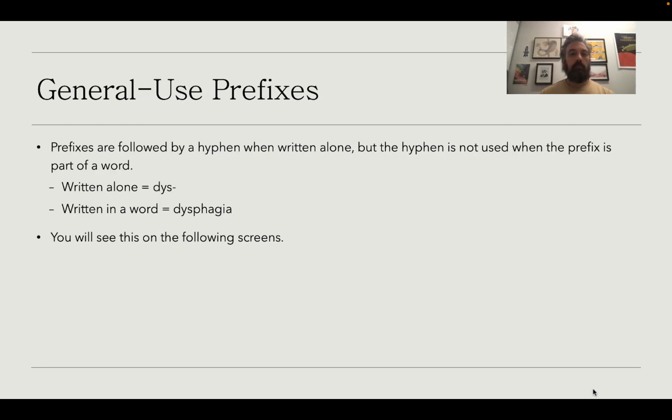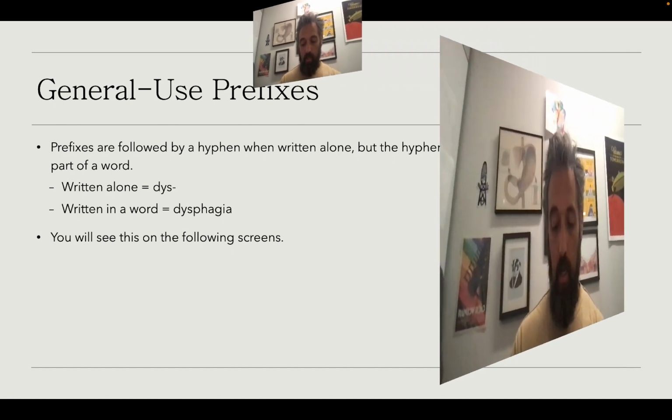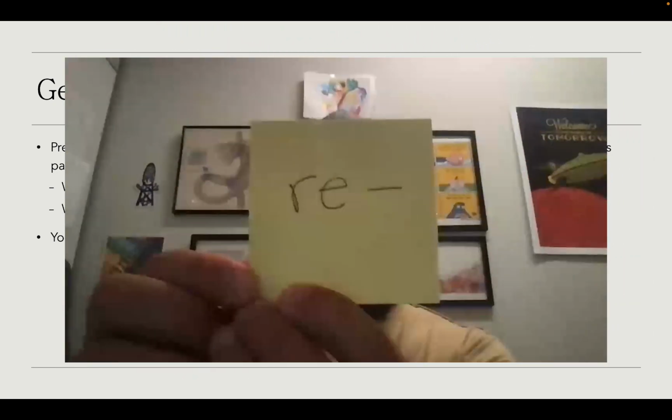not normal. Generally, prefixes are going to be followed by a hyphen when written alone, but the hyphen is not used when it's part of a word. So if you're writing a prefix alone, it'll look like whatever the prefix is. If it's dys, like on the screen, there's a hyphen afterward. If we were to make a prefix like re, then it would look like that, re dash.